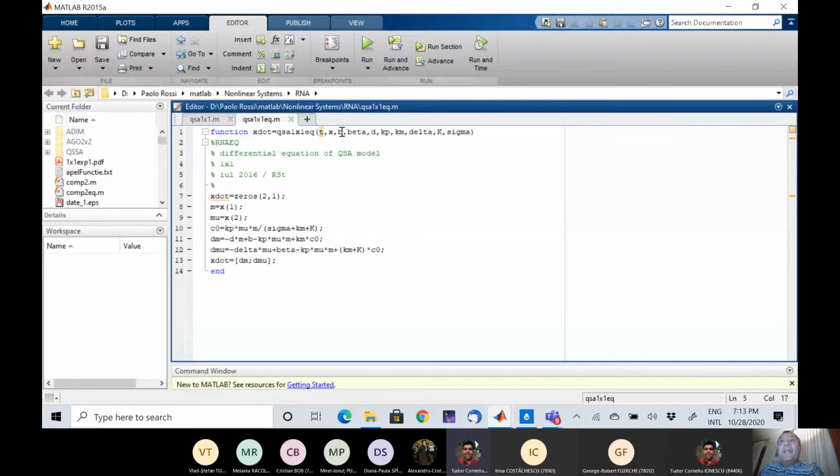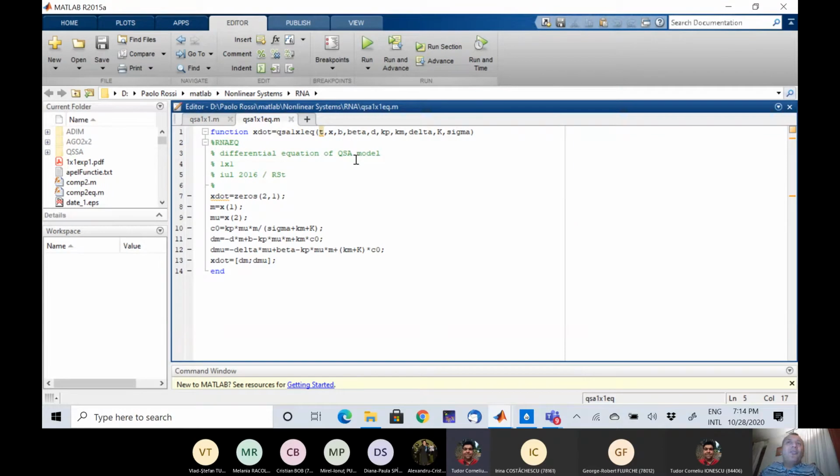Now, all other variables which show up here are the parameters of the system, the coefficients which come into play when we write the equations. So time variable, state variable x, which is the state vector, and x dot is the vector field expression or the derivative of the state.